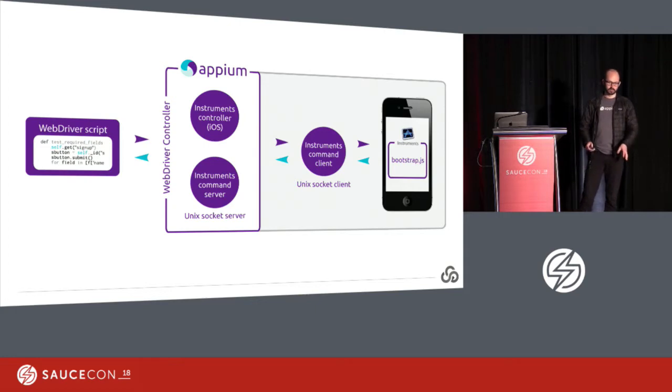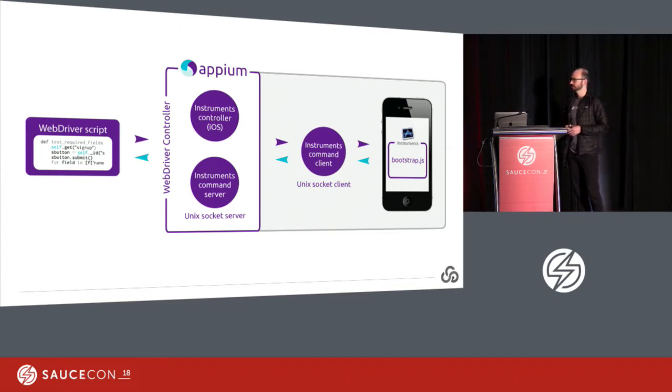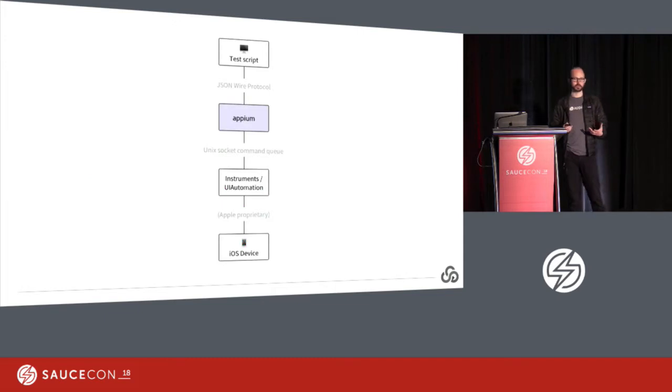So if I were to present it less graphically and a little bit more schematically today, this is what Appium looked like at the beginning. Again, your test script, your Appium process written in JavaScript, Instruments and UI Automation, which we're running as a kind of secondary or sub-process to Appium. And then you had your iOS device, and how Instruments and UI Automation talked to your Apple device was just up to Apple.